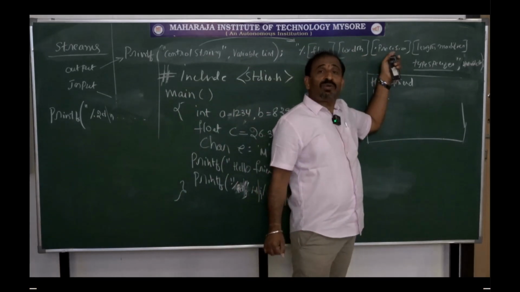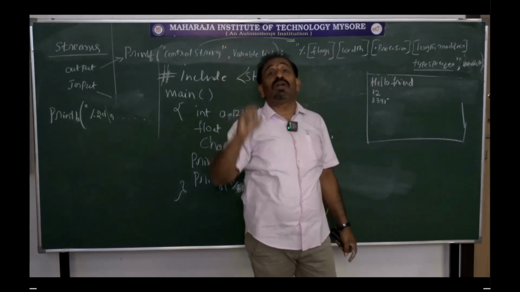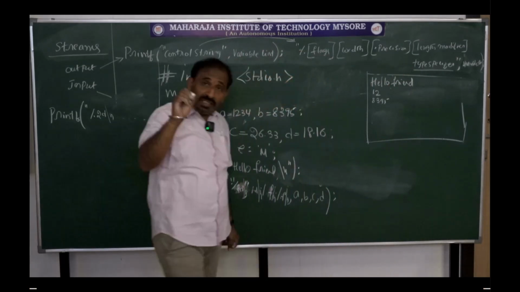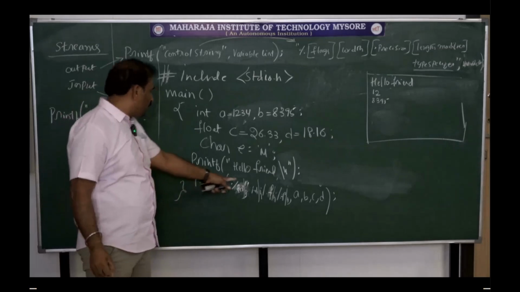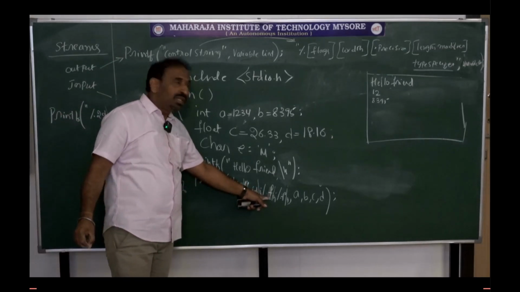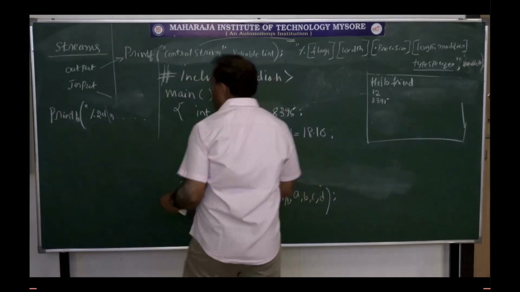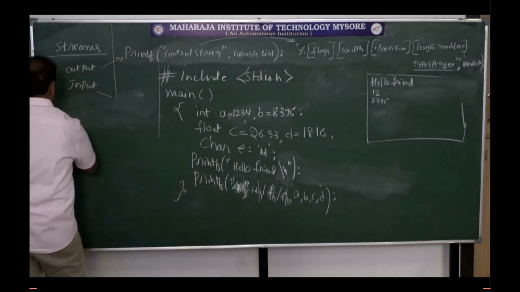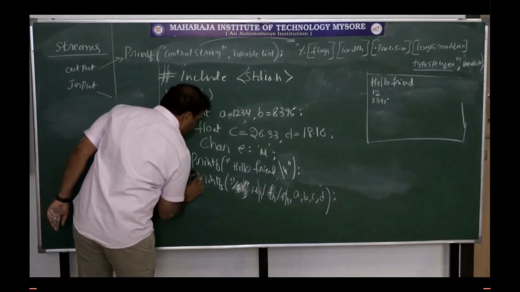Similarly, precision, I told you, this is about after the decimal point. After the decimal point, how many digits, say for example in the float. I will be writing it something like this. Okay, you see here, I am writing it.